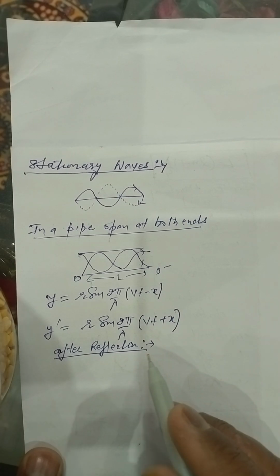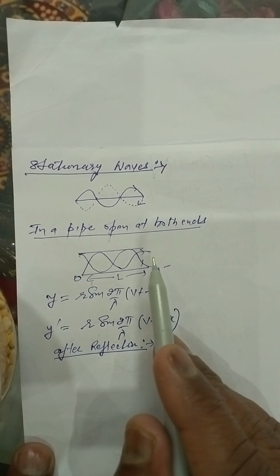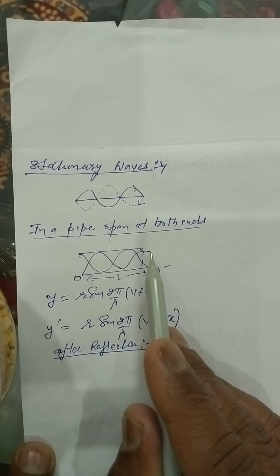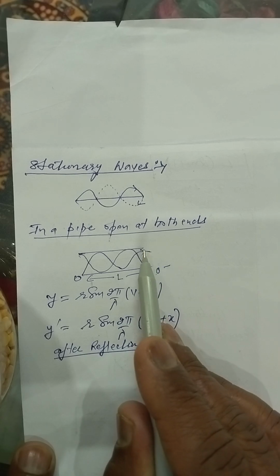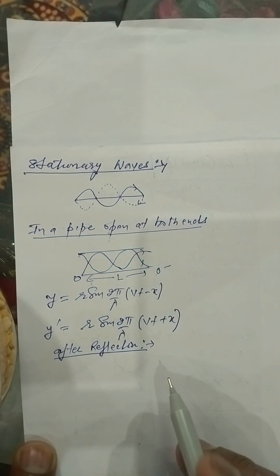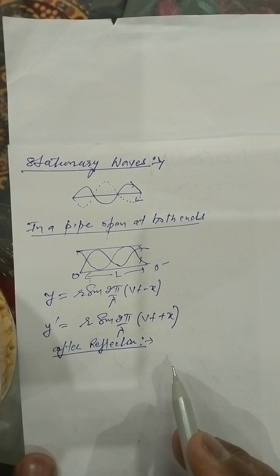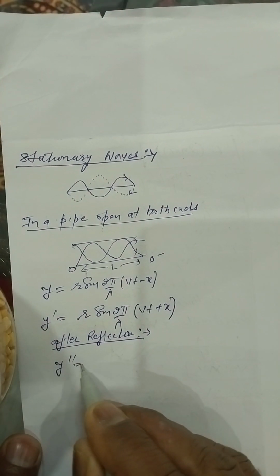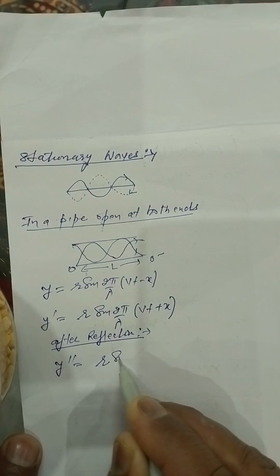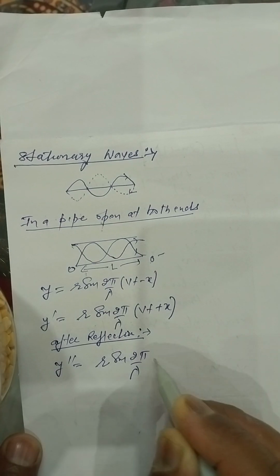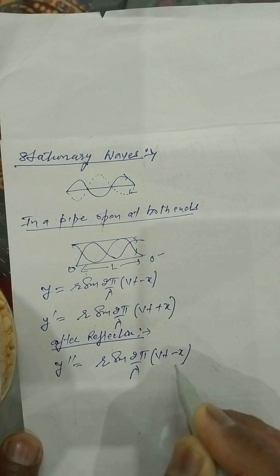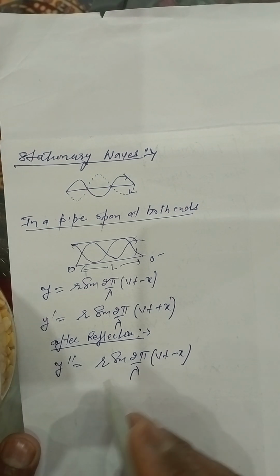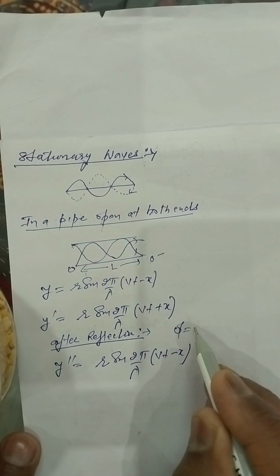In the previous two examples, we have seen that there was a phase reversal of angle π, but in this case the wave is reflecting from an open end, so there will be no phase reversal. So after reflection, y double dash will be equal to r sin 2π/λ (Vt − x), but there will be no negative sign here because there is no phase reversal. Here φ is equal to 0.